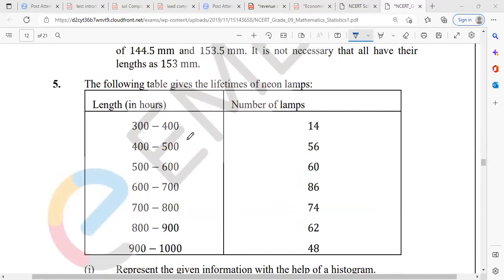You don't have to convert it. It is already converted: 300 to 400, 400 to 500, like this.